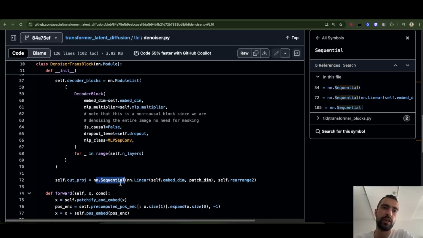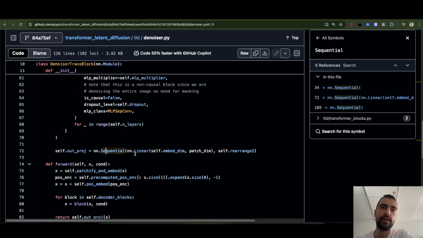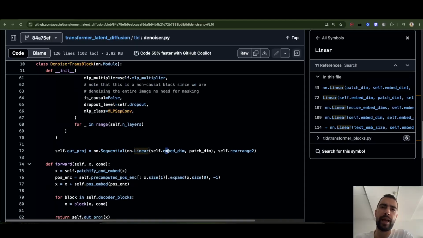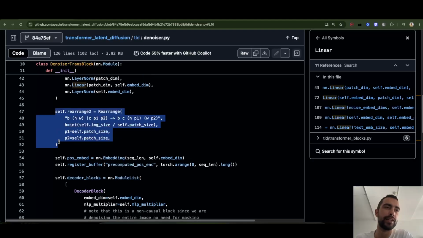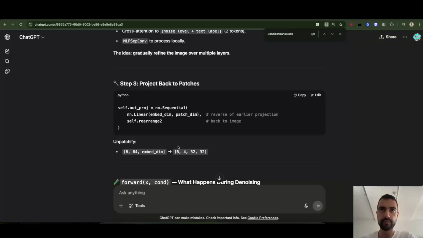It's just a sequential, and then sequential again, a list of linear layer from embedding dimension to patch dimension, and this self-rearrange 2, which we need to look into. So it's this one. I skipped that, so let me explain that. So this linear in the output projection, reverse of the earlier projection, so it projects from embedding dimension to patch dimension, and self-rearrange 2, this is gonna turn that back to the image.